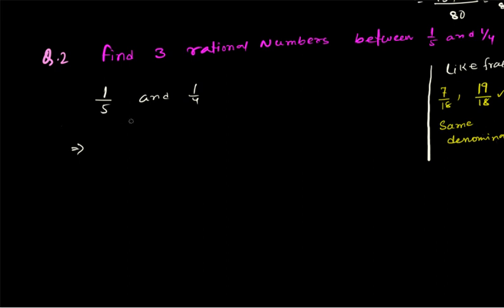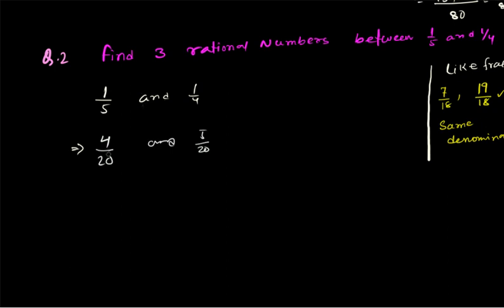So I'm first converting it into like fractions, and we know how to do it just by cross multiplying the denominators, so it will be 4 by 20 and 5 by 20.